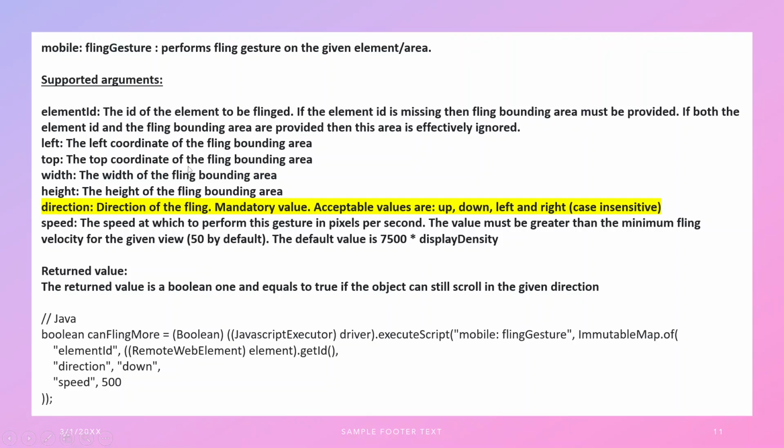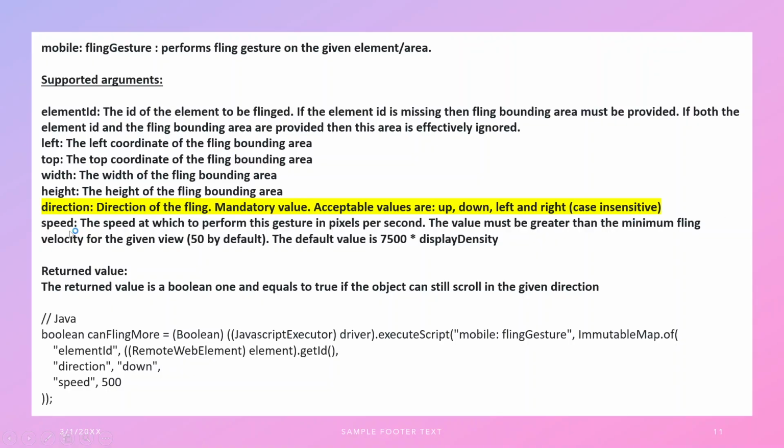The next argument is direction, the direction of the fling. Please note it is a mandatory field. It accepts up, down, left, and right, meaning the direction of the fling action to be performed, and it is case insensitive.